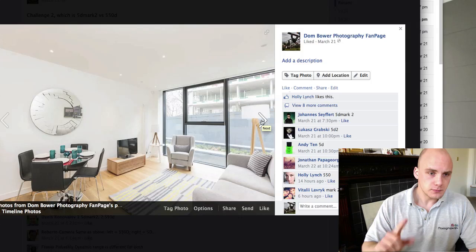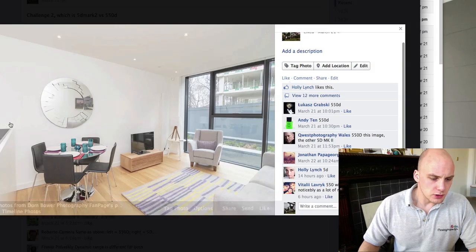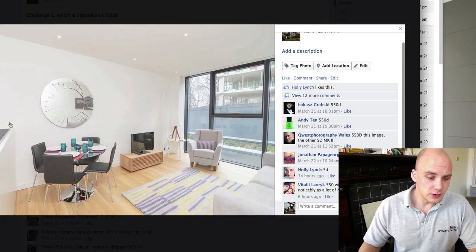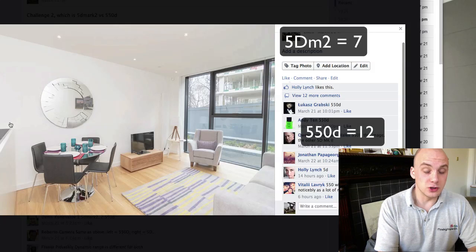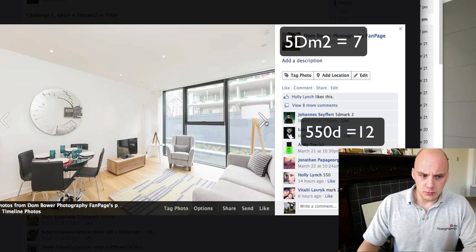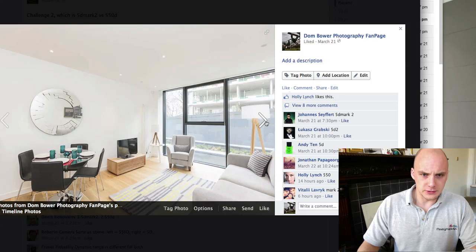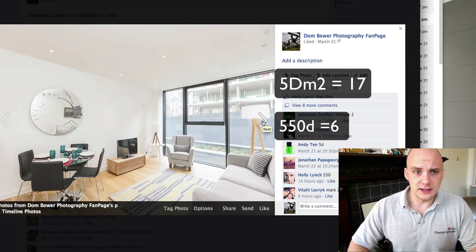In general, the cooler image, this one, got a total of 6, 7 saying it was the 5D. However, it got 10, 11, 12 saying it was the 550D. And then the warmer one, which is this one, we got a whopping 10, 15, 16, 17 saying it was the 5D, and only 6 saying it was the crop.